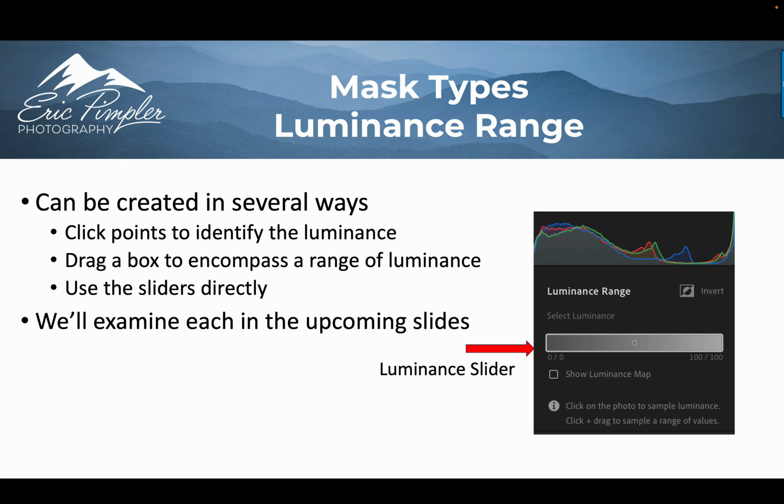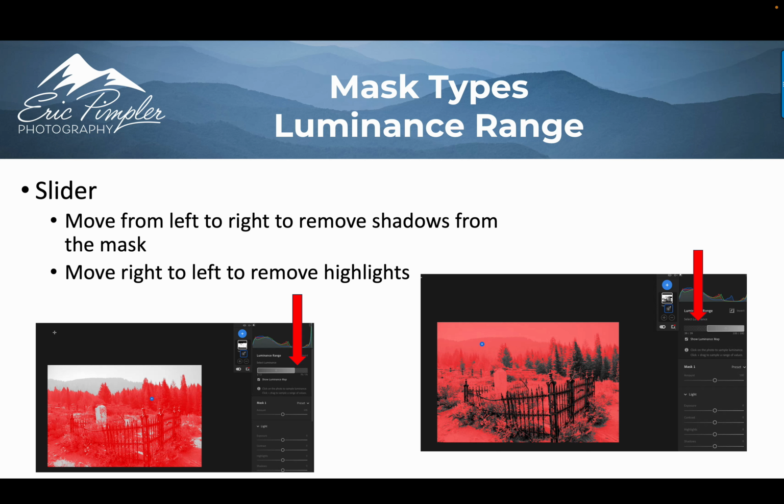You can push the sliders left or right to remove shadows or remove highlights. And you also have a secondary smoothness slider that allows you to feather the mask that ultimately gets created. So we'll examine some of these different methods on the upcoming slides, and then of course I'll do a demonstration as well.